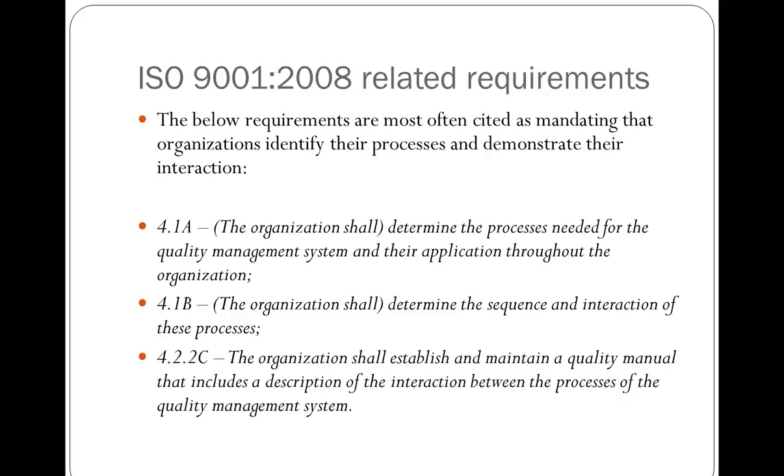In 4.1a, it states that the organization shall determine the processes needed for the quality management system and their application throughout the organization. The organization shall also, in 4.1b, determine the sequence and interaction of these processes. And then in 4.2.2, which is of course the requirement pertaining to a quality manual, the organization shall establish and maintain a quality manual that includes a description of the interaction between the processes of the quality management system.